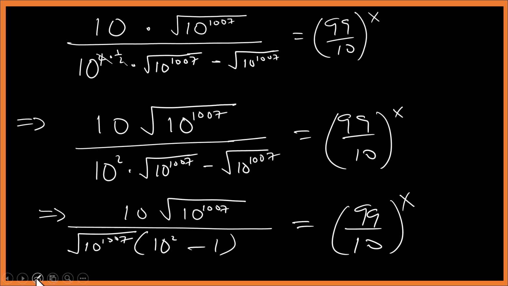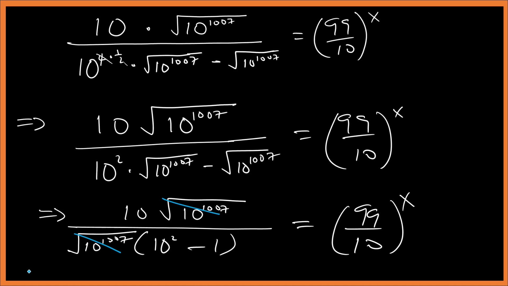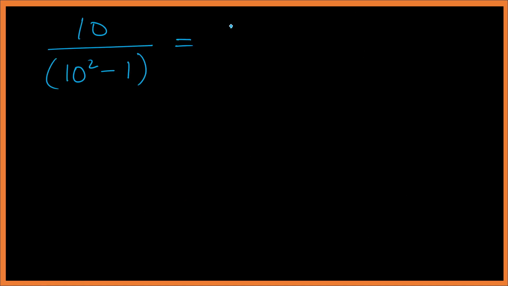All right. Now from here, this one will cancel this, and I will leave 10 on 10 squared minus 1 equals 99 on 10 raised to x.